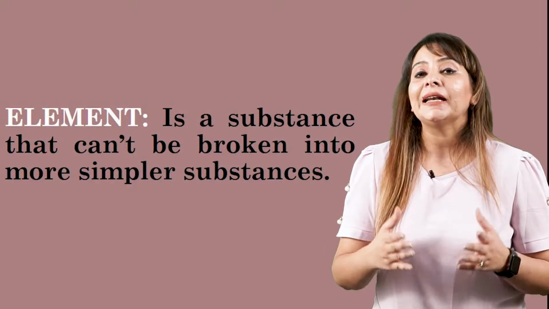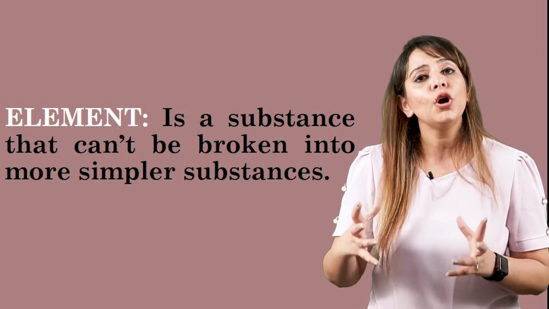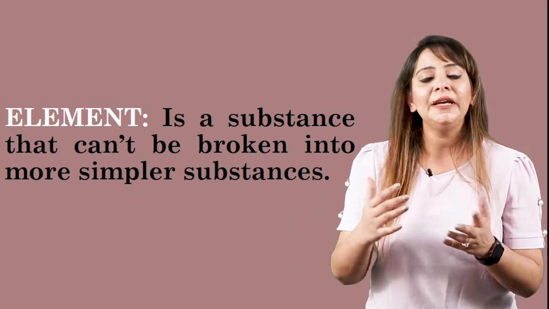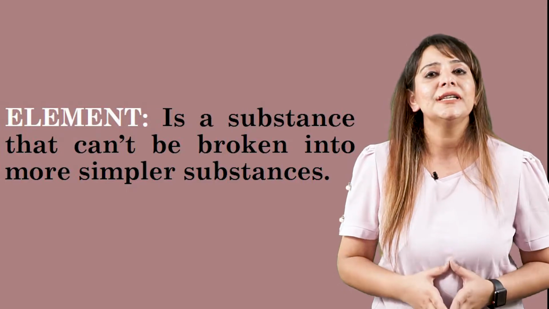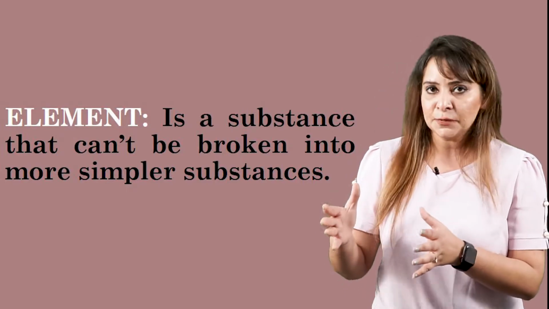The question must be coming to your mind: what do we mean by element? Because before moving to the metal and non-metal concept, you should know what exactly an element is. An element is a substance that cannot be broken down into simpler substances. I'll repeat, you just write it down. Elements are the substances that cannot be broken down into simpler substances.